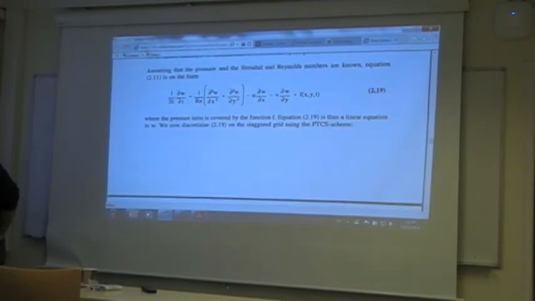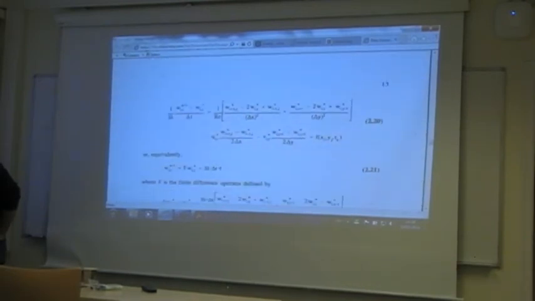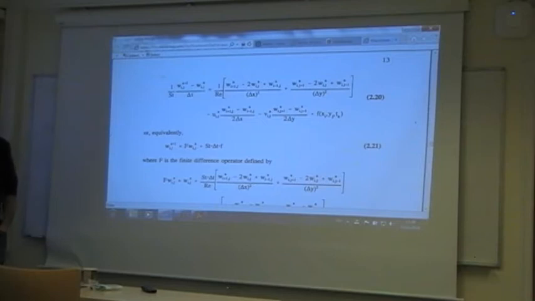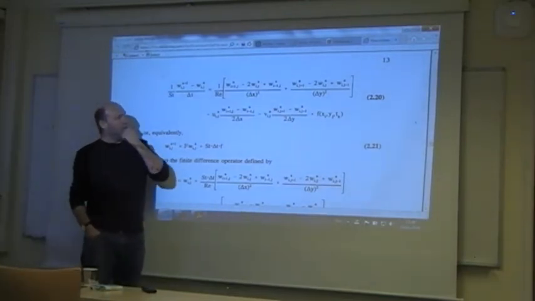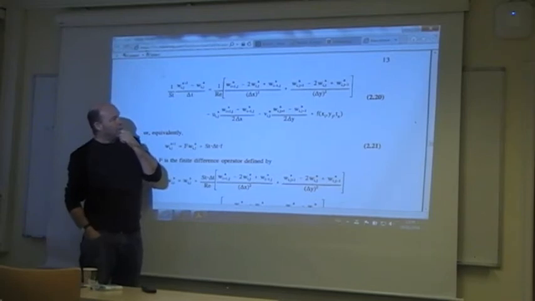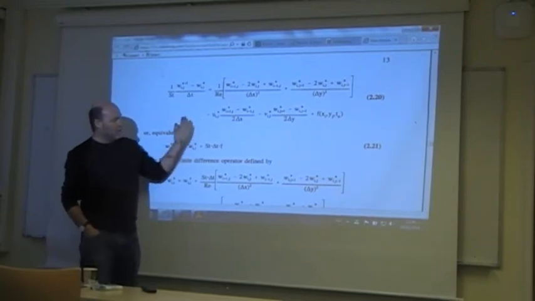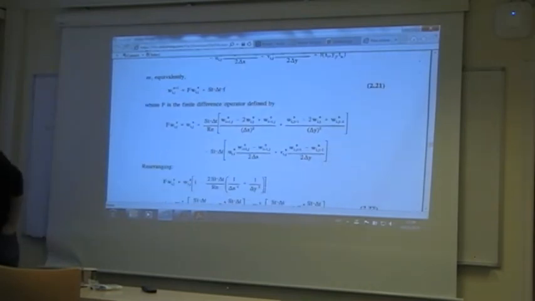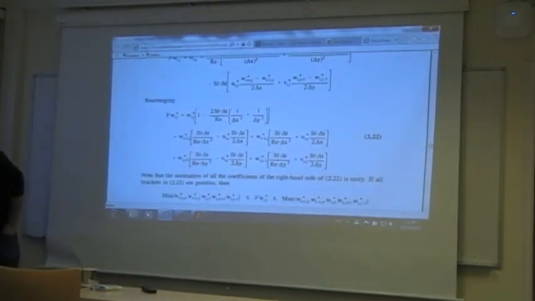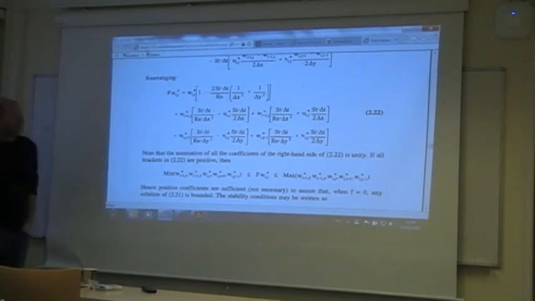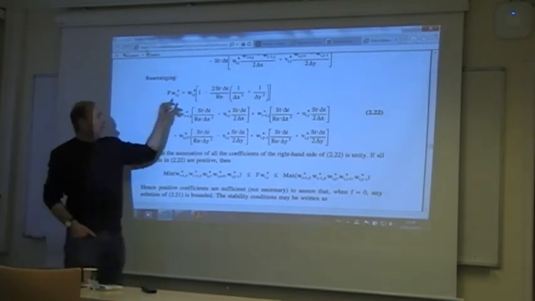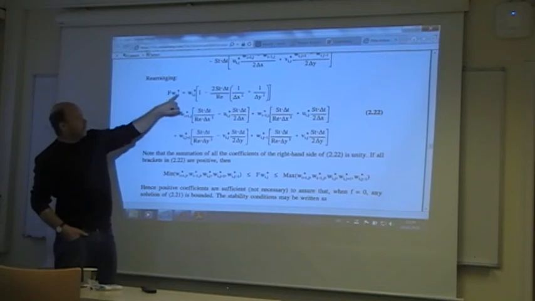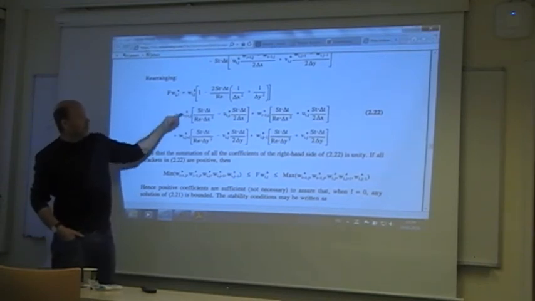Now use the FTCS scheme on this one. Straightforward. Central space with everything, and you will have something like this. And you can rewrite it on the form: the new one, at n+1, equals all the neighbors.